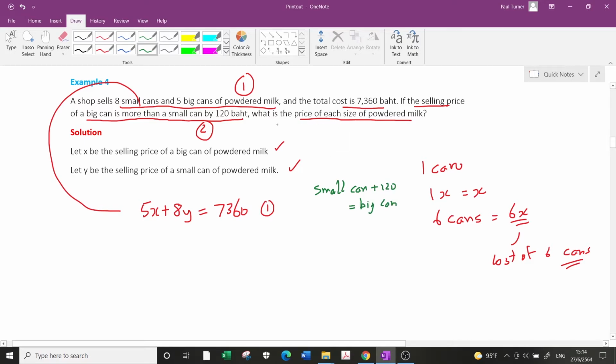Okay, this is what this is telling us here. A small can plus 120 is a big can. And a small can is y. So it would be y plus 120 equals x. Okay, this would be the second equation, but we should put it in here and tidy it up as x minus y.